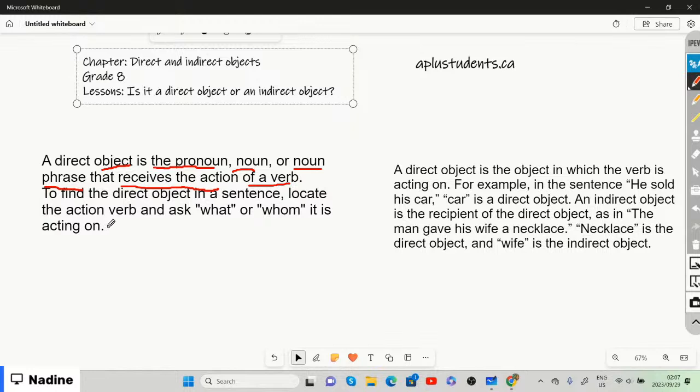And to find the direct object in a sentence, we need to locate the action verb, and then ask what or whom it is acting on. So basically, a direct object is an object which the verb is acting on.